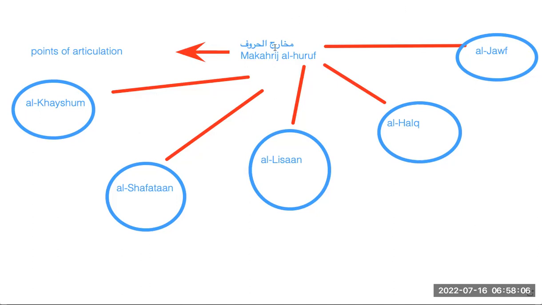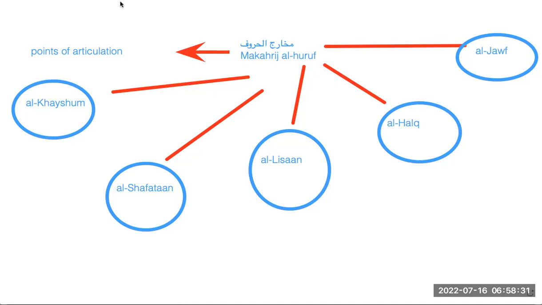Al-jawf, the empty space between the mouth and the throat. Al-halq, the throat. Al-lisan, the tongue. Al-shafatan, the 2 lips. Al-khayshum, the 2 nostrils.